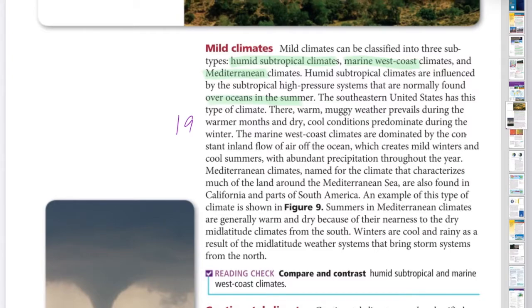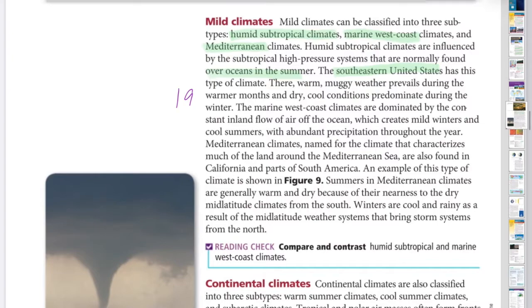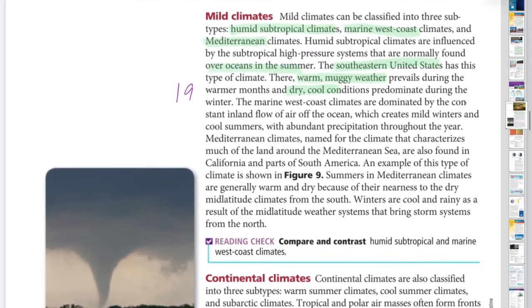The southeastern United States has this type of climate. So if you're thinking humid subtropical, think Georgia and Florida. Their warm, muggy weather prevails during the warmer months, and dry, cool conditions dominate during the winter. So in the summer, you have this warm, muggy weather, and it's dry and cool in the winter.